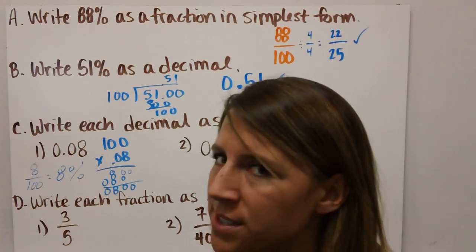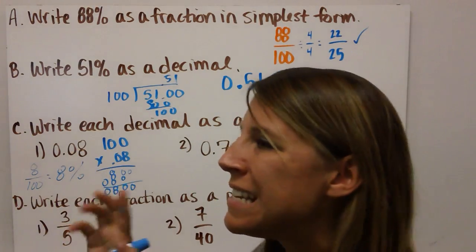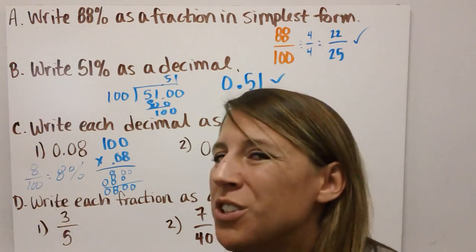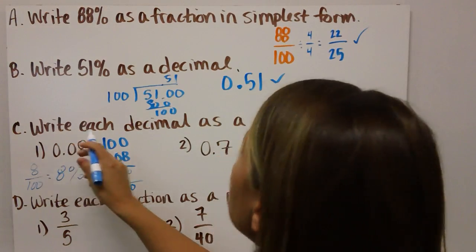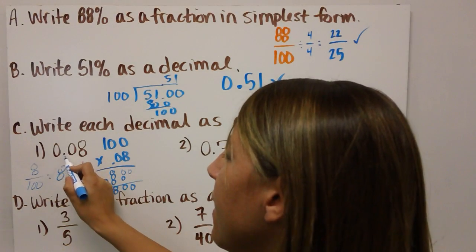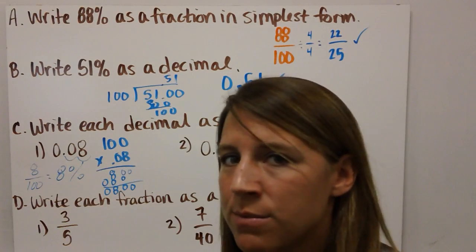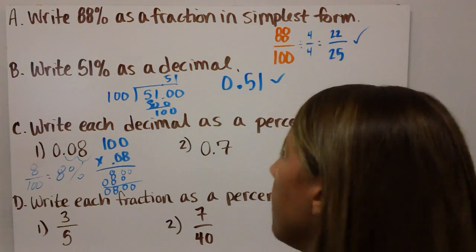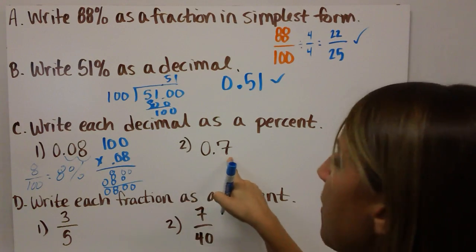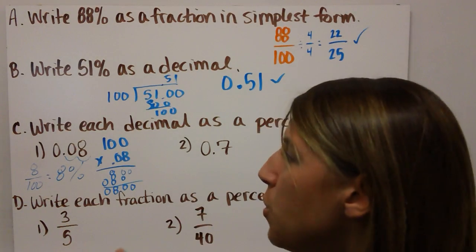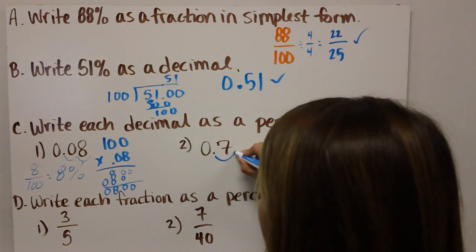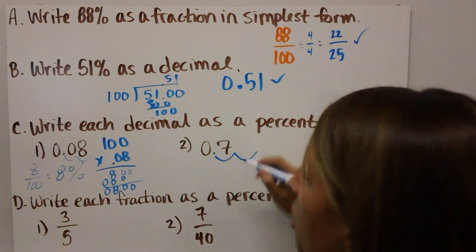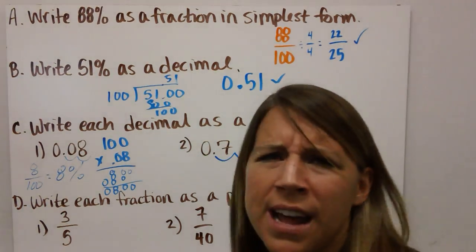If you have noticed, maybe not, there is a decimal movement pattern, but I want you to understand why the decimal movement works the way it does. So to change a decimal to a percent, you can just move that decimal 2 times to the right and you will get the correct percent. So like here, 0.7 as a percent, you do have to move it twice because it is a multiplication by 100. If I move it twice, though, you're going to run into some problems when you run out of digits.